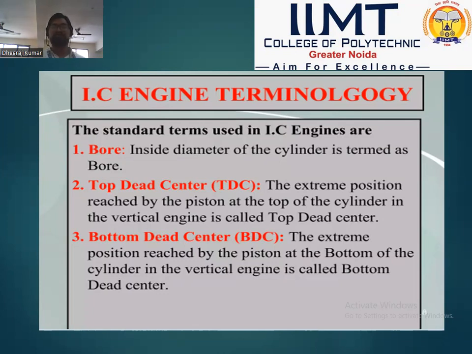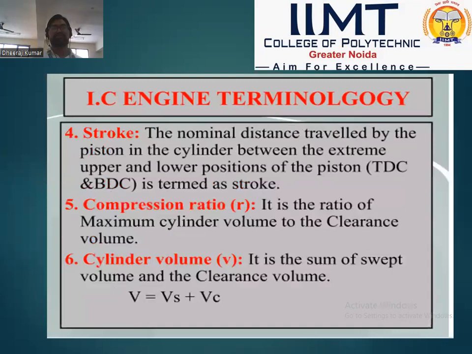Bottom dead center: the extreme position reached by the piston at the bottom of the cylinder in a vertical engine is called bottom dead center. In other words, when the piston reaches the extreme bottom position inside the cylinder, it is called bottom dead center.